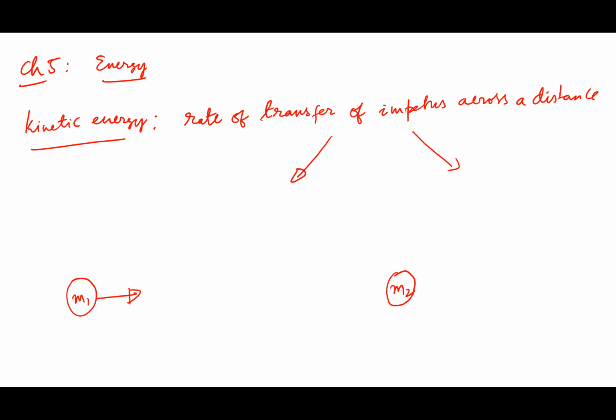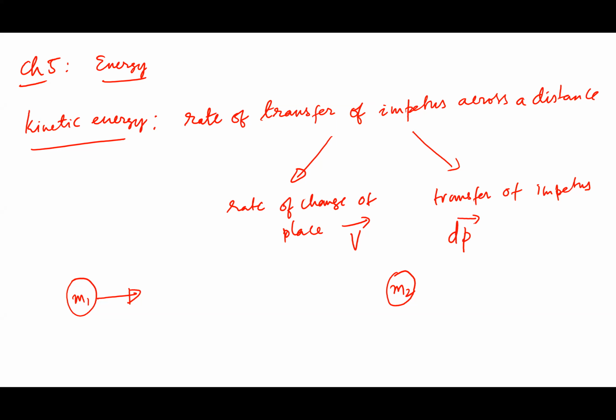So this is the rate of change of place, and then transfer of impetus. That is, the body is moving, and as it is moving, it is carrying this impetus with it. The rate of change of place is nothing but velocity, and the impetus that it is carrying, we are looking at a very small impetus, dp.